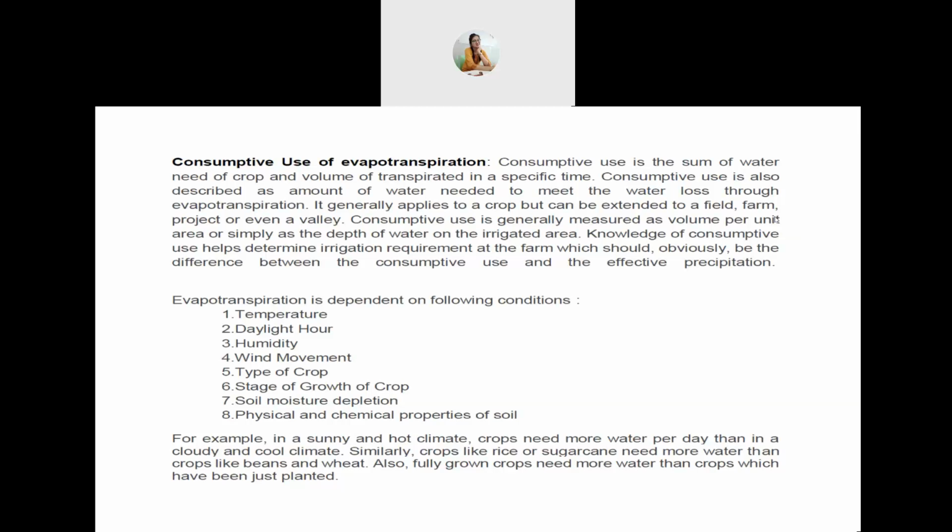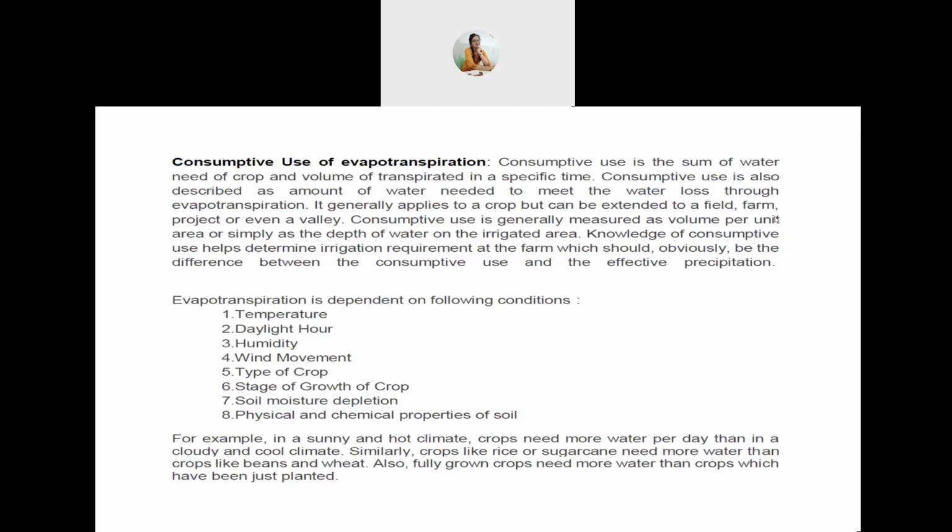It generally applies to a crop, but it can be extended to a field, farm, project, or even a valley. Consumptive use is generally measured as volume per unit area, or simply as the depth of water on the irrigated area. The knowledge of consumptive use helps us to determine irrigation requirement at the farm, which should obviously be the difference between the consumptive use and the effective precipitation.